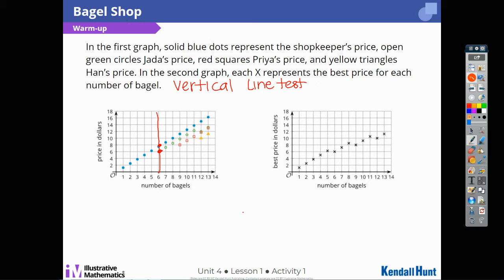So it is not a function. It fails the vertical line test. Over here, for the best price in bagels, if I draw a vertical line, it's only going to touch it one time. So it is a function.